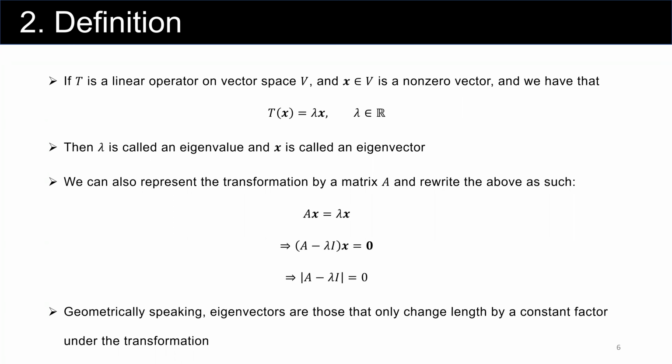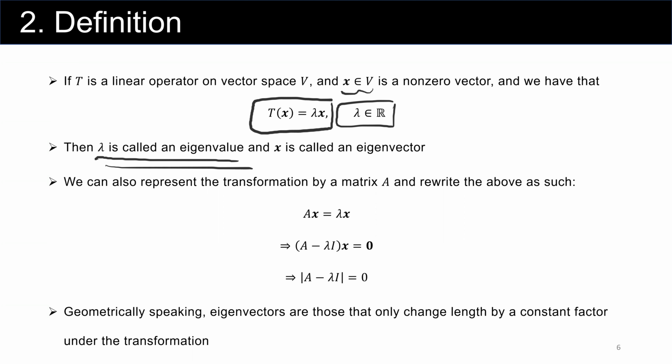So if T is a linear operator on vector space V, and x in V is a non-zero vector, and we have T of x is equal to lambda x, where lambda is a scalar value in the real space, then lambda is called an eigenvalue and x is called an eigenvector.